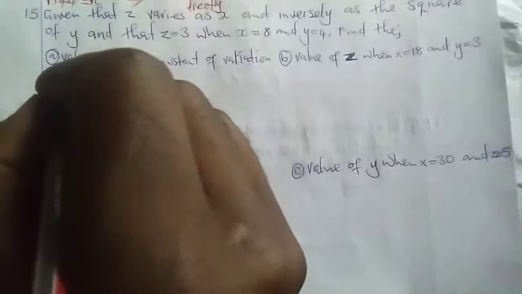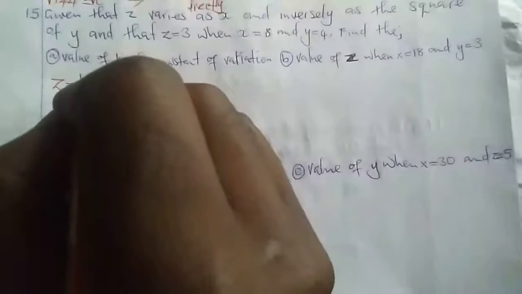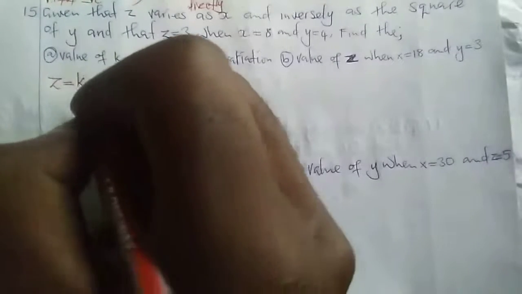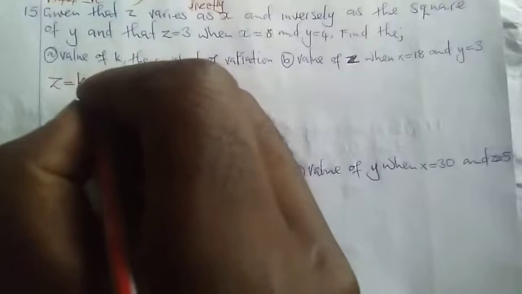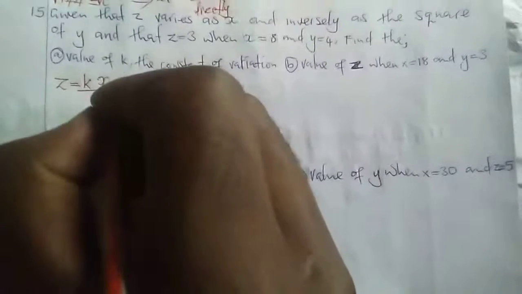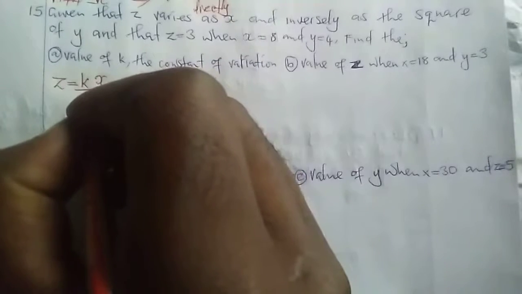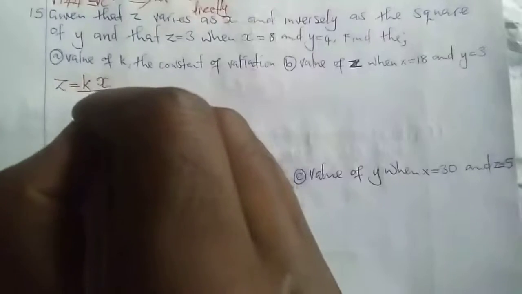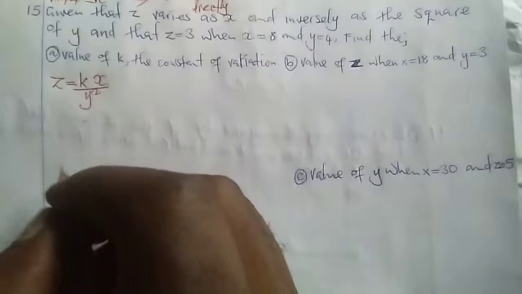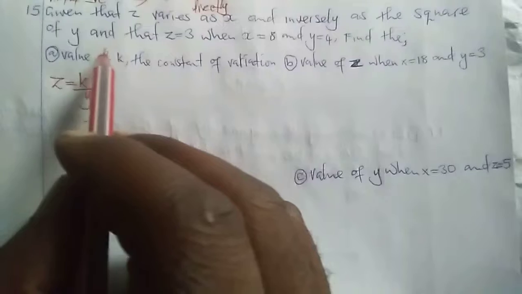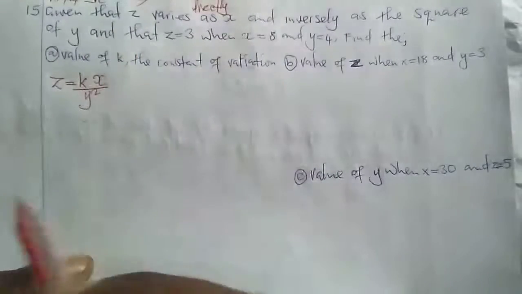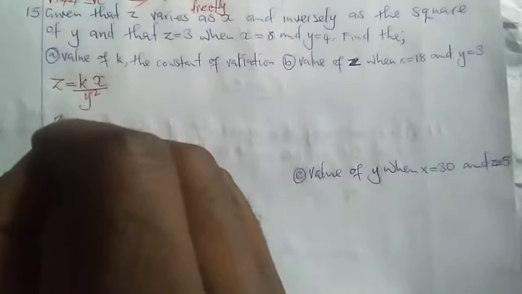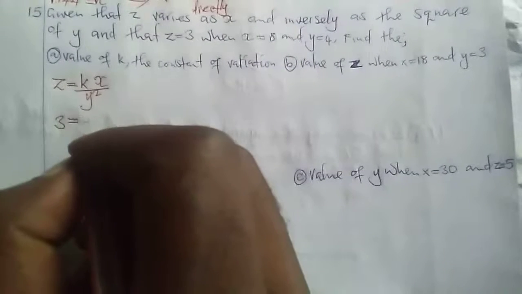So we say z varies directly, so we put the constant: z varies directly as x and inversely as the square of y, which is going to be y squared. Okay, so the statement continues and says that z is equal to 3, so we say z is equal to 3.